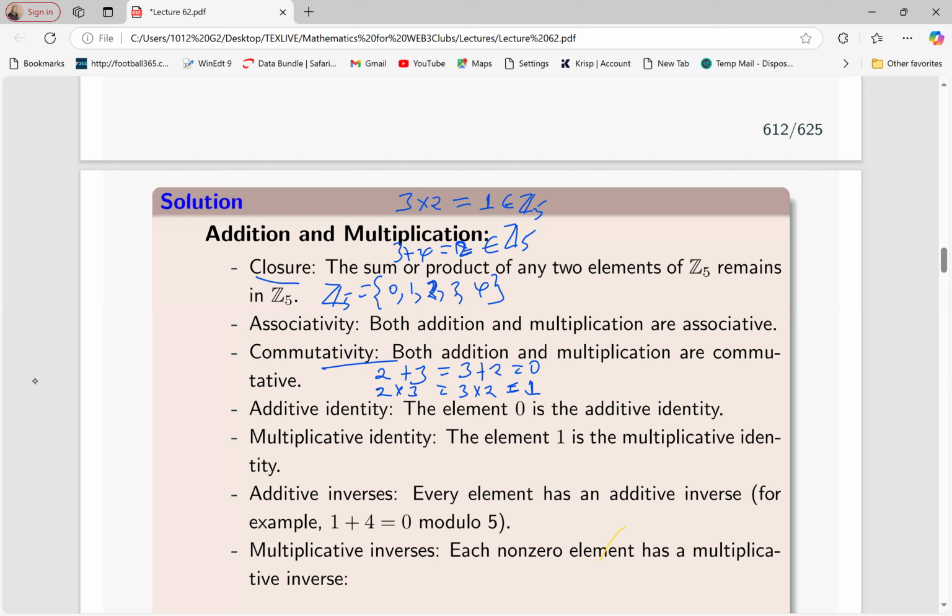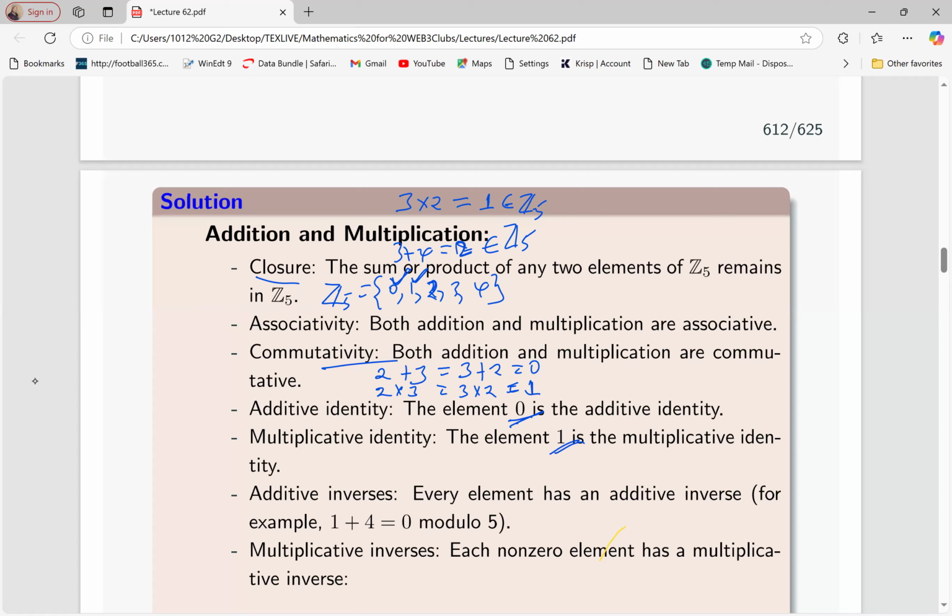So this set is commutative under addition and commutative under multiplication. You can see that it has the identity element 0 under addition, and under multiplication there's also an identity element.